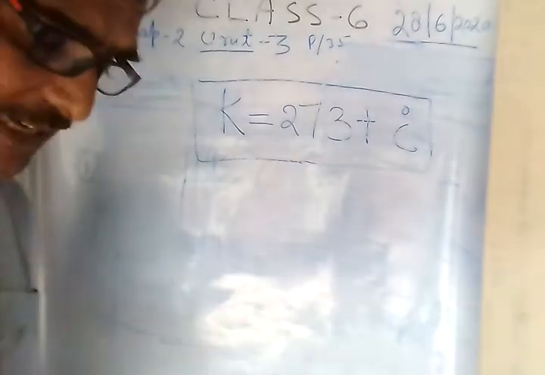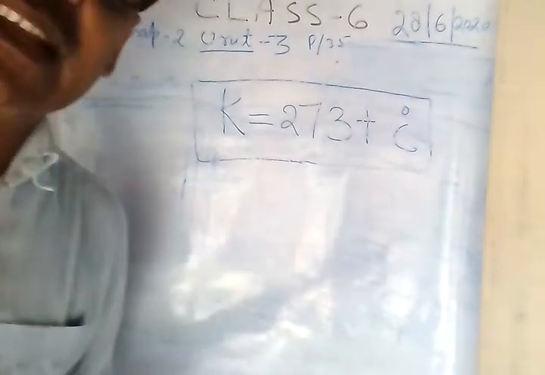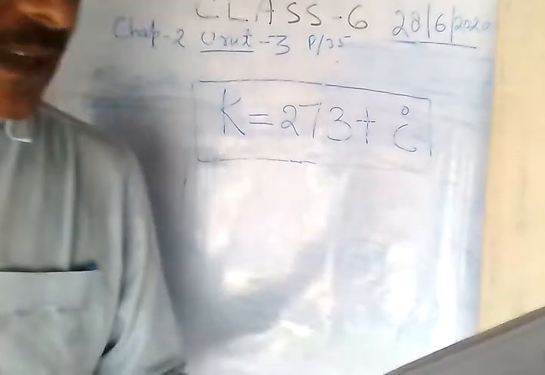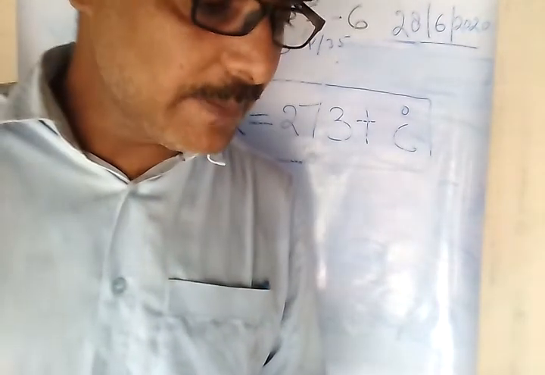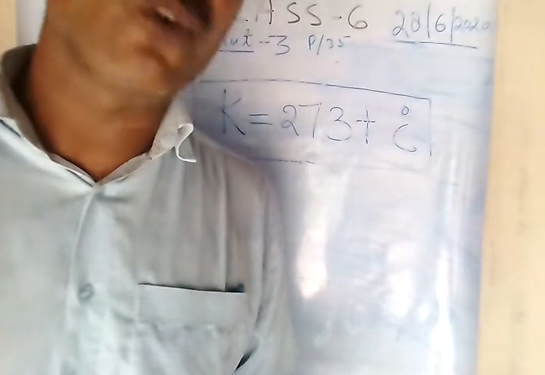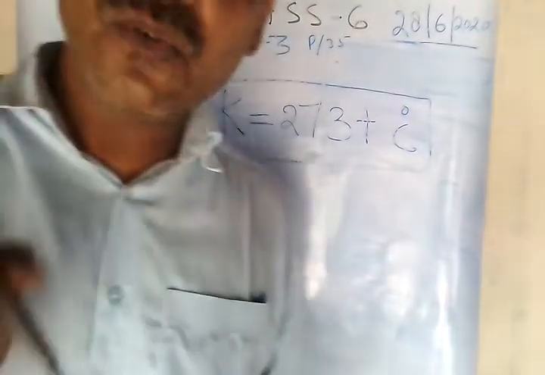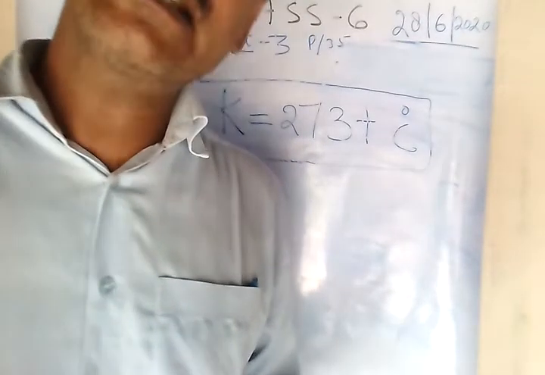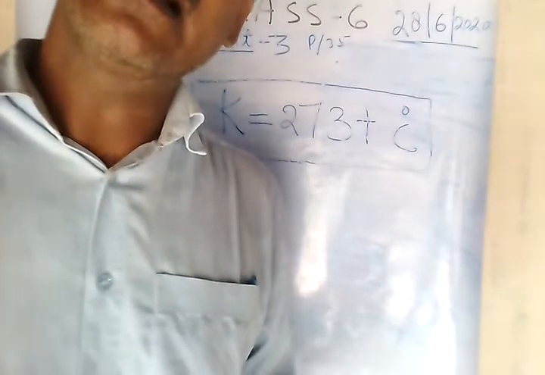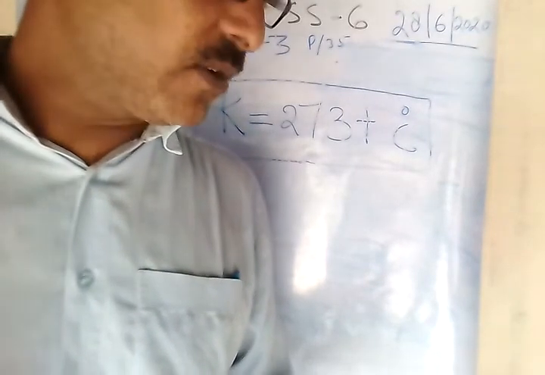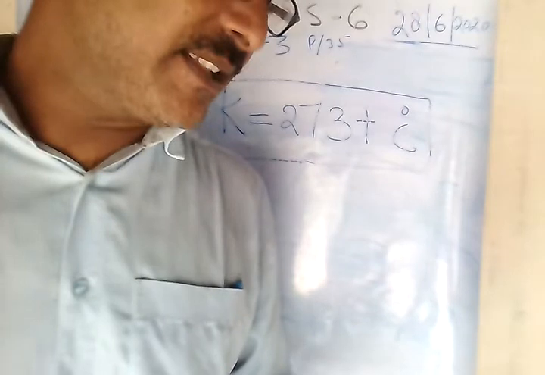And key ideas are given on page number 36. See the key ideas. 0 centigrade corresponds to the melting temperature of pure ice, and is called the lower standard point or lower fixed point. Thermometers have two standard points, the lower standard point and the upper standard point. The lower standard point is the temperature of ice, and it is 0 degrees centigrade.